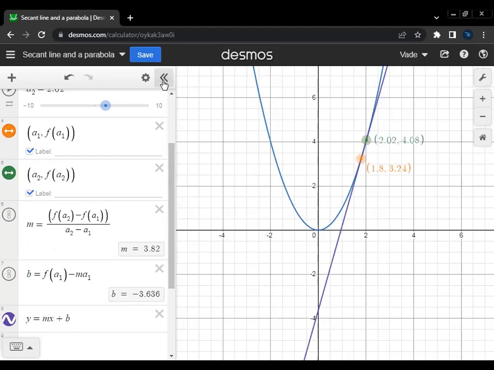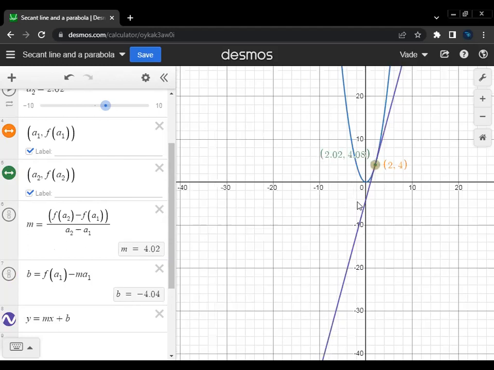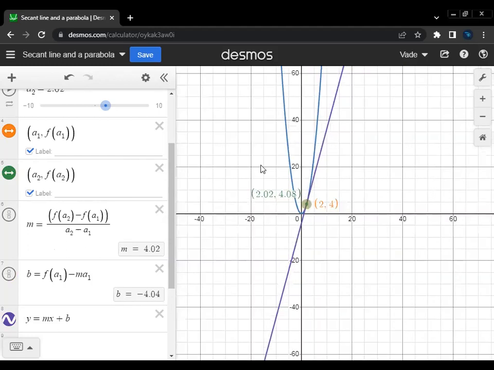But here's the thing. Let's give it a chance. Look at this one. We start from here, then we go here and here and here. Now, when you zoom in, what do you see?